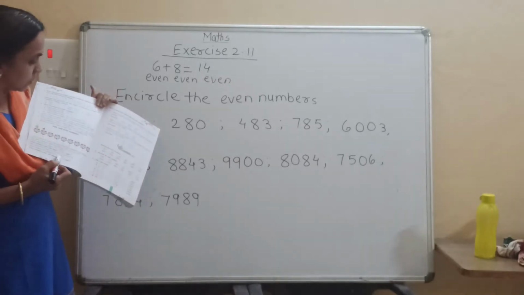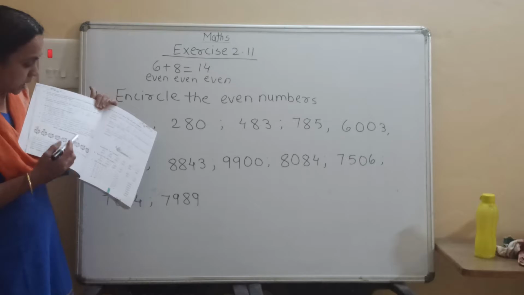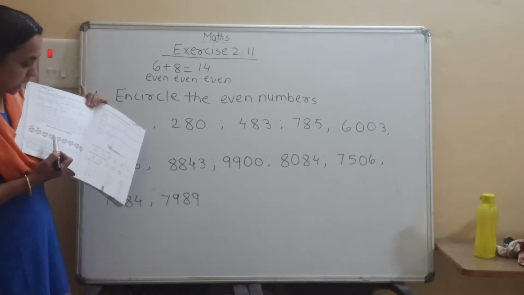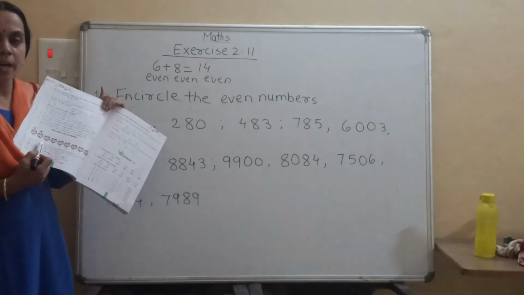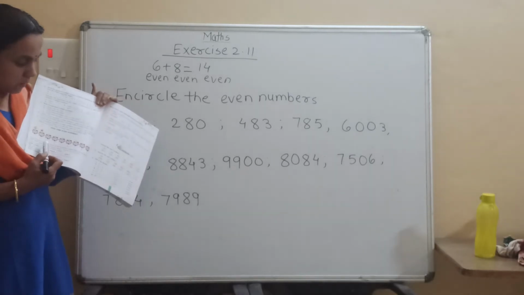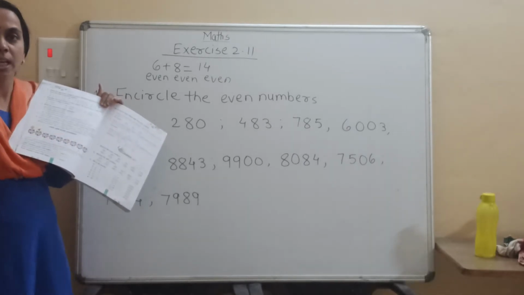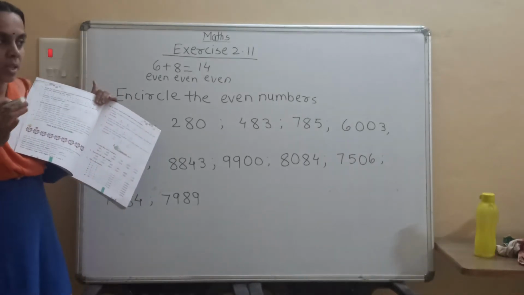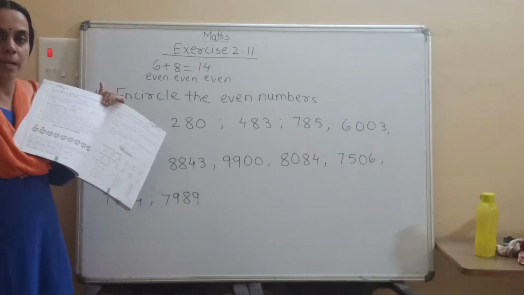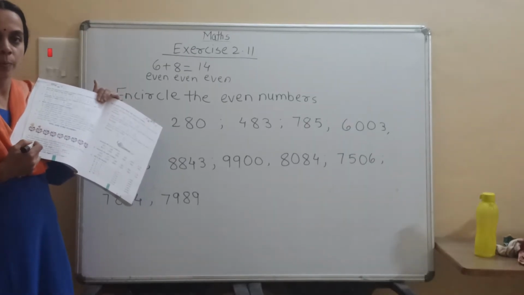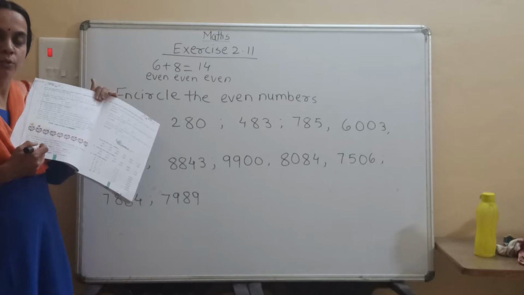Now we have to see this page number 34, odd and even numbers. Even numbers means what? 0, 2, 4, 6, 8, 10, 12, 14, 16, 18, 20. So if we add plus 2 in 0, 0 plus 2 is 2, 2 plus 2 is 4.